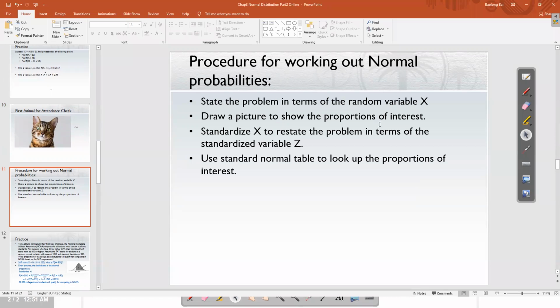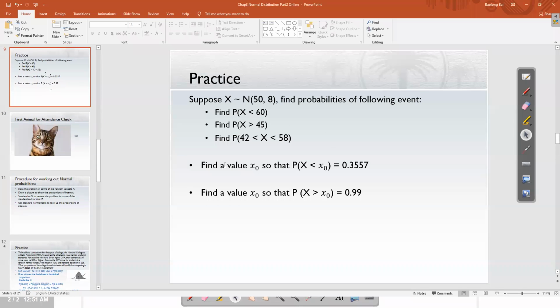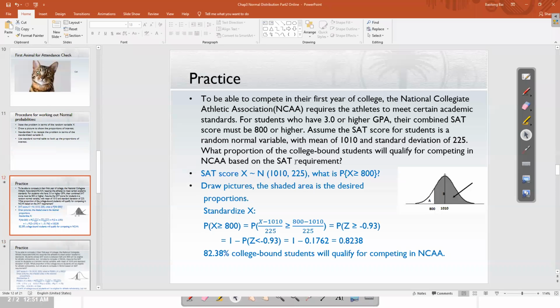Some students struggle with word problems, but basically a word problem is just to read some words or sentences and be able to apply these theories. So there's nothing different. You just need to add some reading skills. So for example, to be able to compete in their first year of college, the NCAA requires athletes to meet certain academic standards.